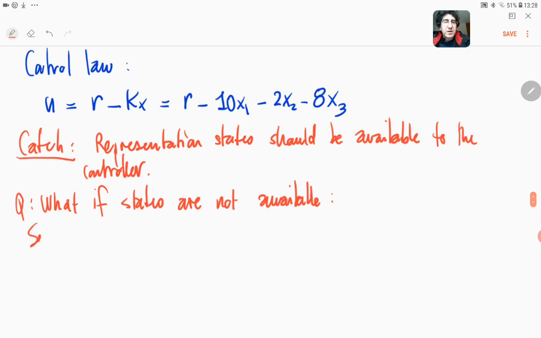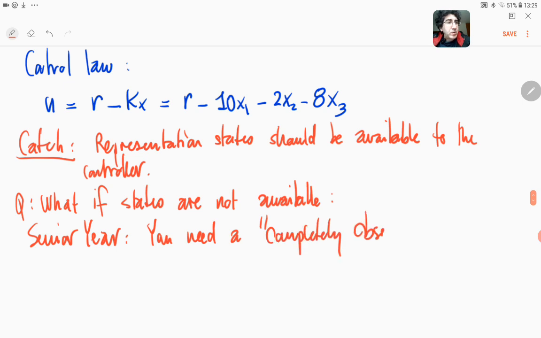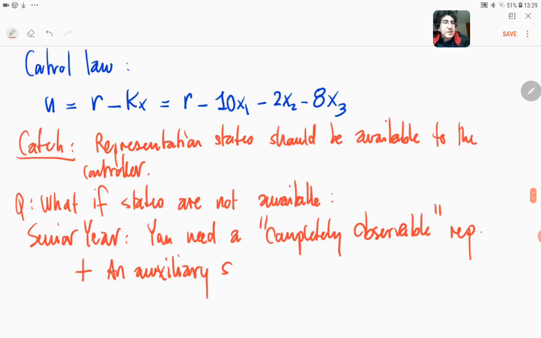So that is for your senior year, okay? But just to have an idea, you need to design an observer. You need a completely observable representation, plus an auxiliary system called an observer.